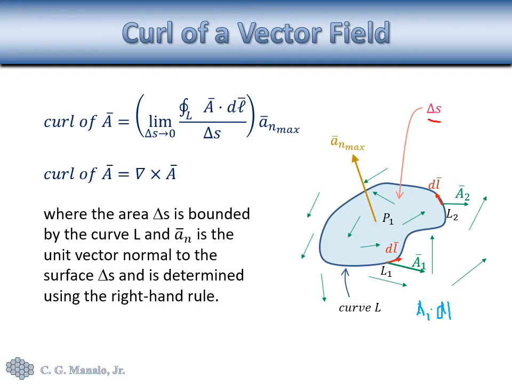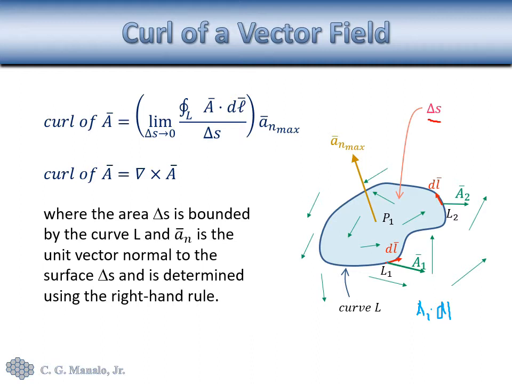So this dot product will give me a scalar quantity, the contribution of the vector A sub 1 along the path dl, which is along the curve L. So that contribution by the vector A sub 1 is there along the path and tends to rotate the area in the counterclockwise direction.